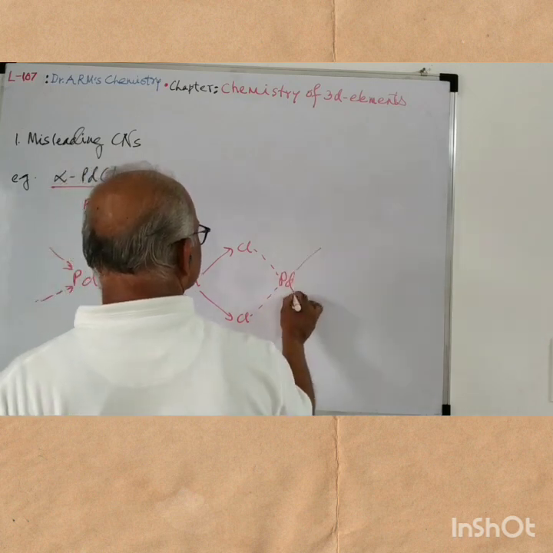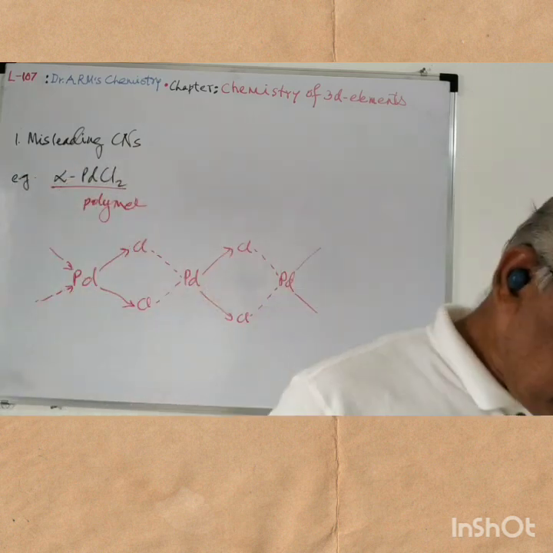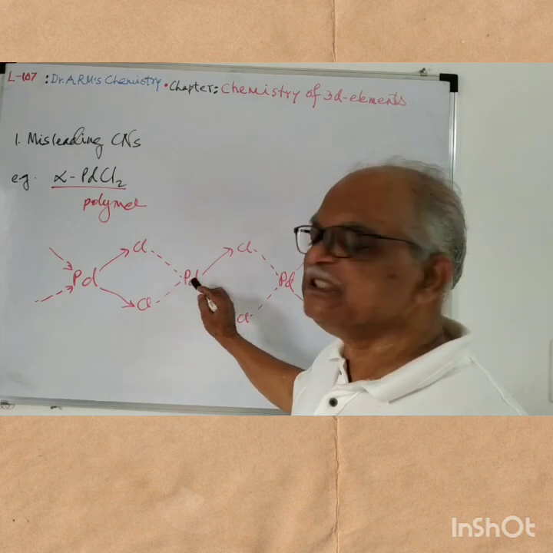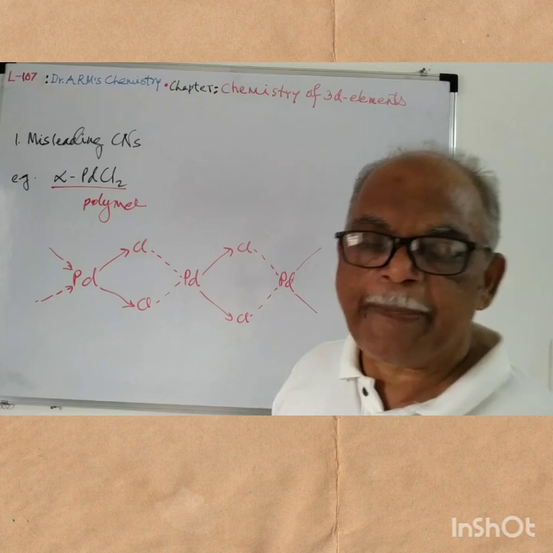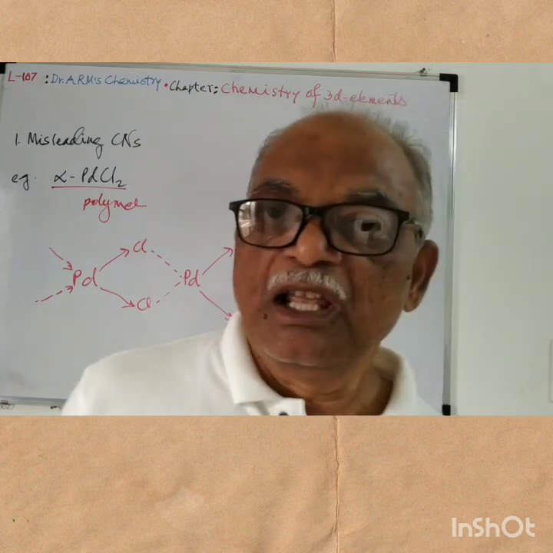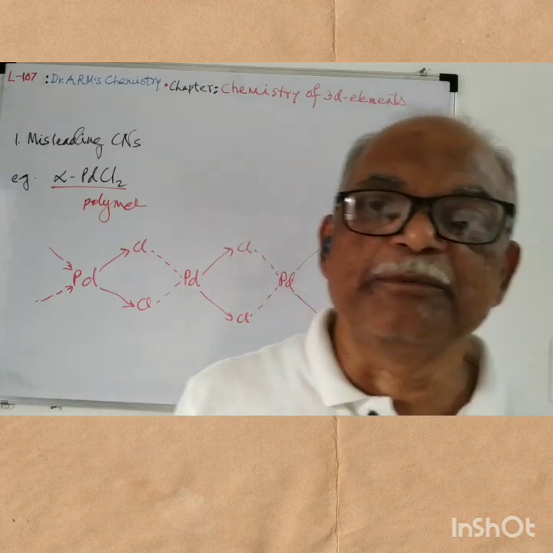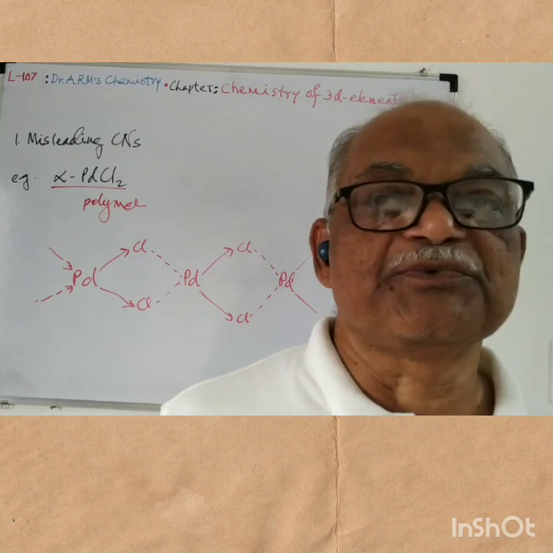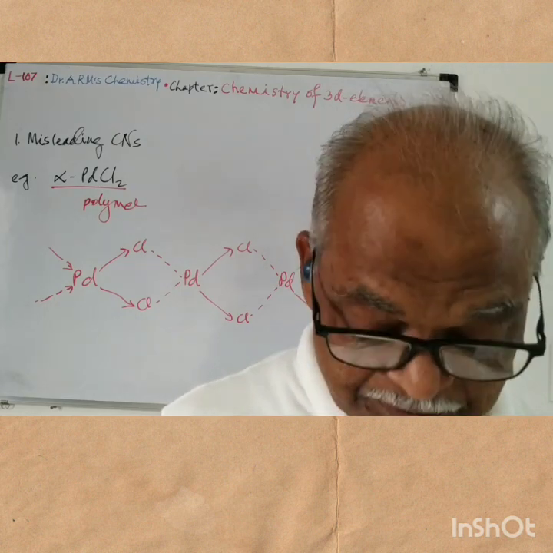So here you will find that the coordination number of palladium in this complex is 4, but it appears to be 2 here in the formula. So there are some examples which can be seen in this way, which are misleading.